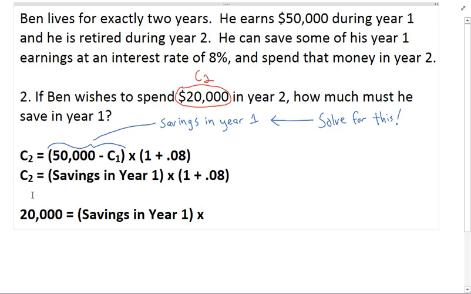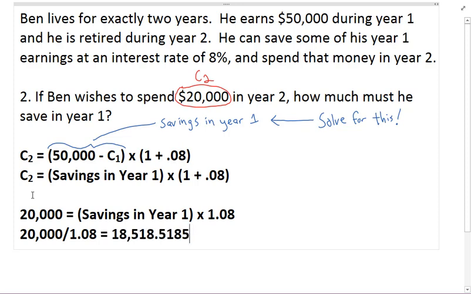Now 1 plus 0.08 is 1.08. Now we can divide both sides by 1.08. 20,000 divided by 1.08 equals, that's the answer, savings in year 1.